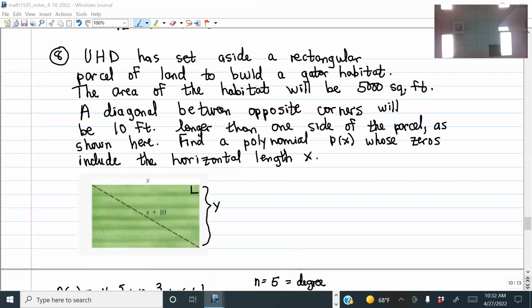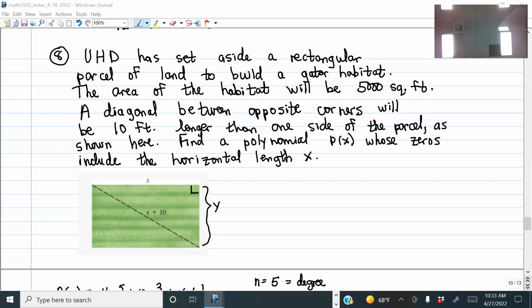See what this says. UHD has set aside a rectangular parcel of land to build a gator habitat. The area of the habitat has to be 5,000 square feet so that the gator has enough room to survive.